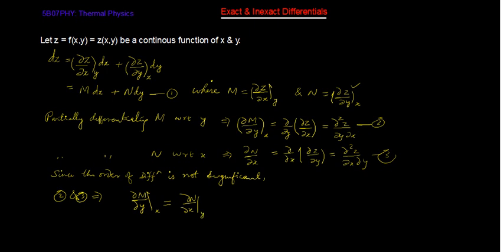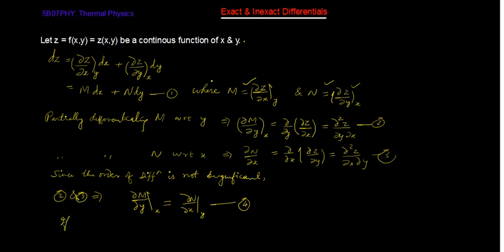So this is my equation number 4, where m is defined by this particular equation and n is defined by this particular equation. If this condition is satisfied, which condition? Equation number 4.